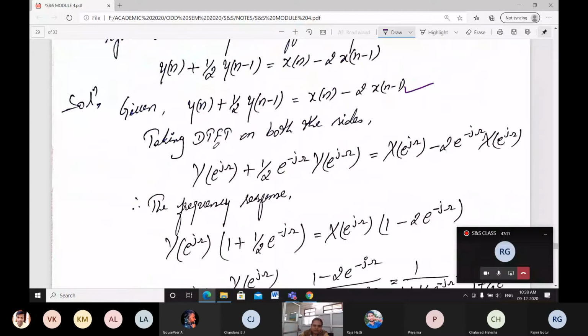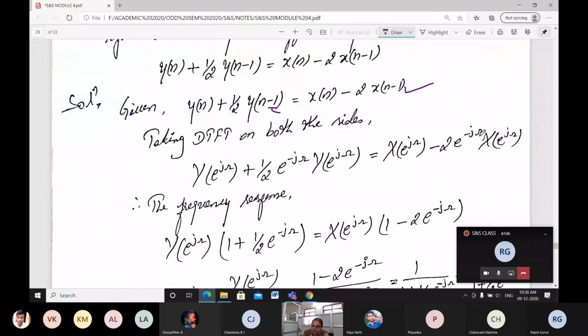For y of n, I will get Y of e raised to j omega plus 1 by 2 e raised to minus j omega Y of e raised to j omega, which is equal to X of e raised to j omega minus 2 e raised to minus j omega into X of e raised to j omega. It's just a shift operation.